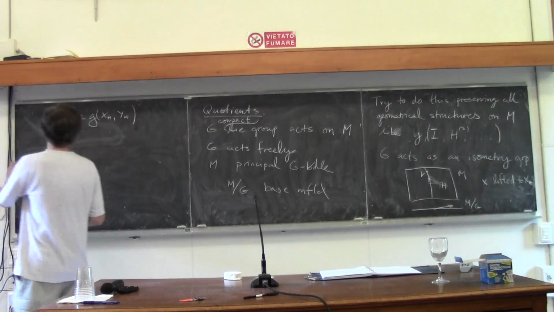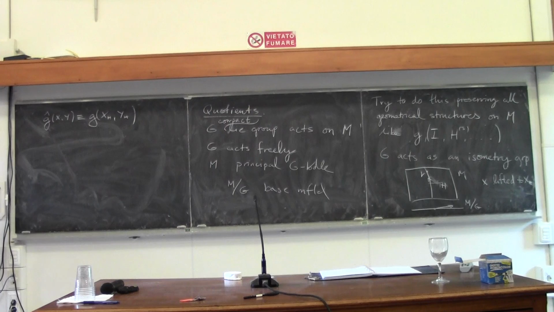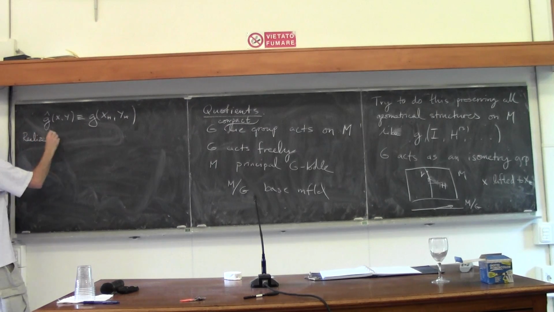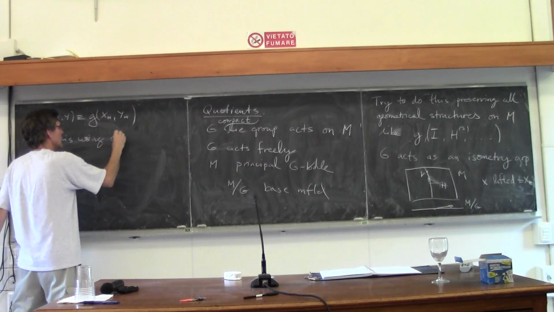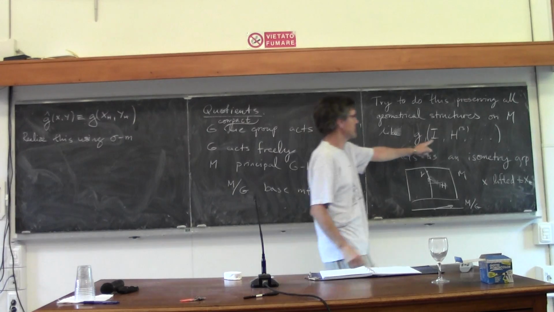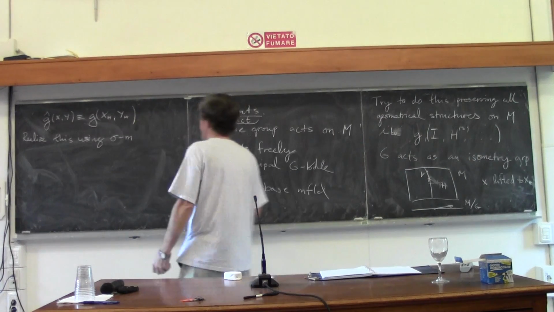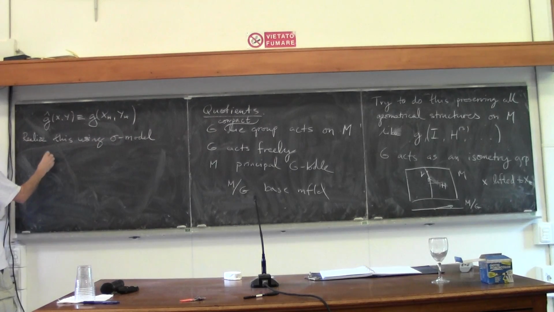So if you wanted to realize this setting using a sigma model, so far we don't need supersymmetry because we don't have all the extra structure, just the G. So we can talk about the simpler case with the bosonic sigma model.